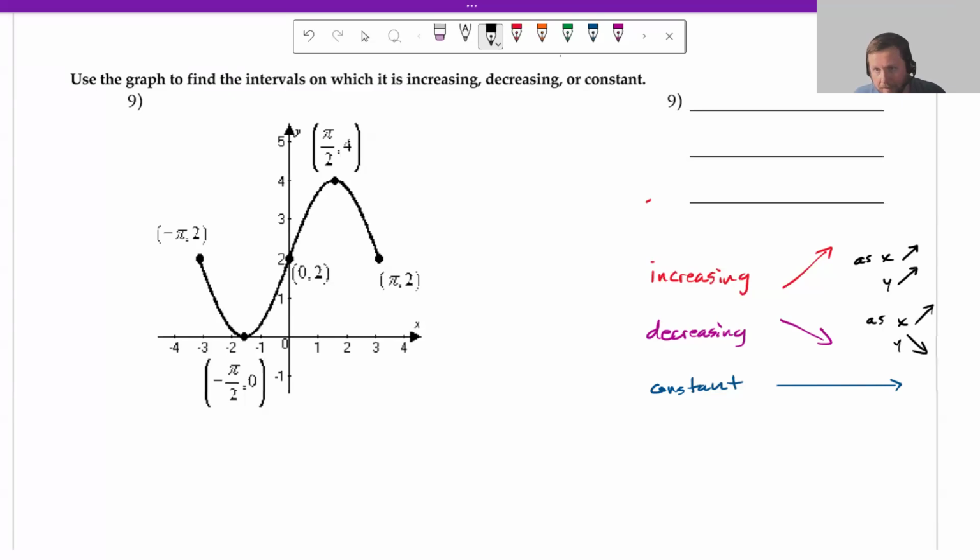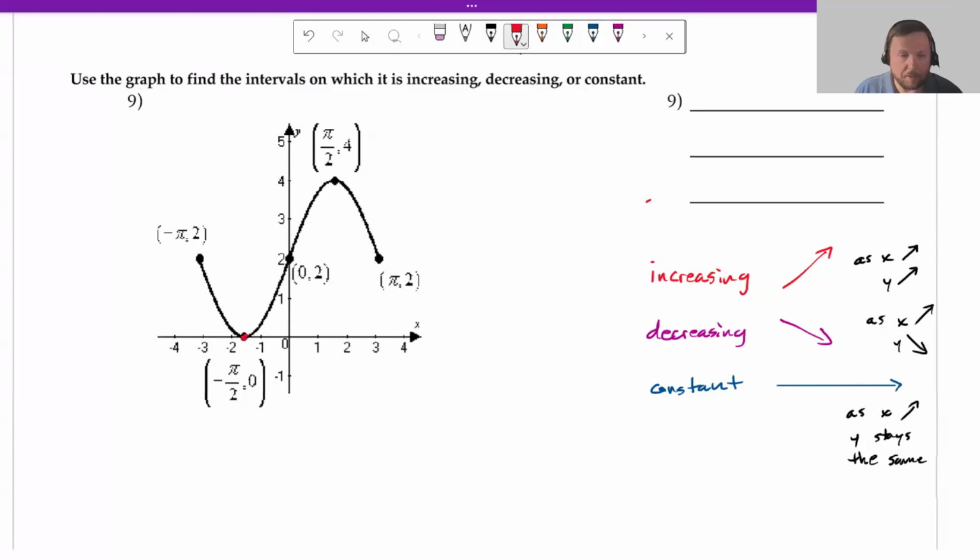And then constant is as x increases, y stays the same. You don't have to say as x increases. You could say for any x in some interval, if it has the same y value as all the other ones, then it's constant.